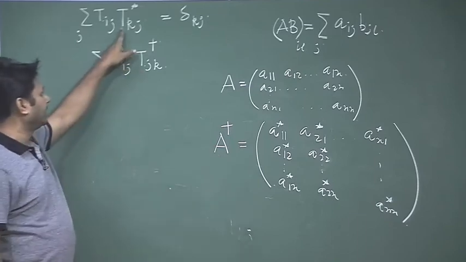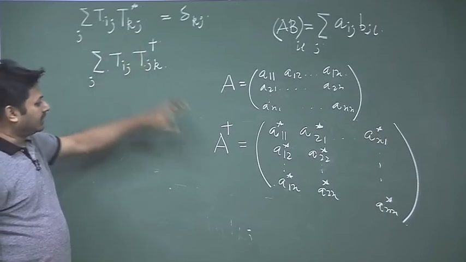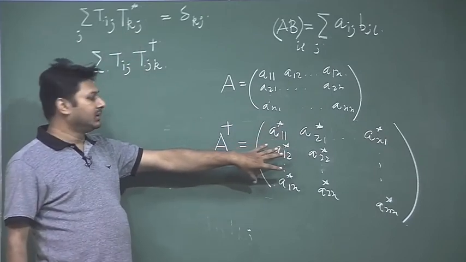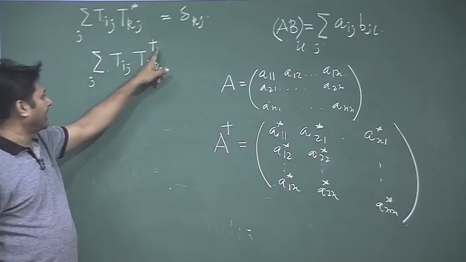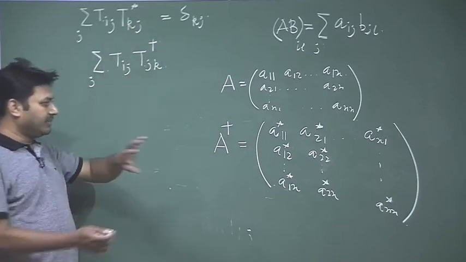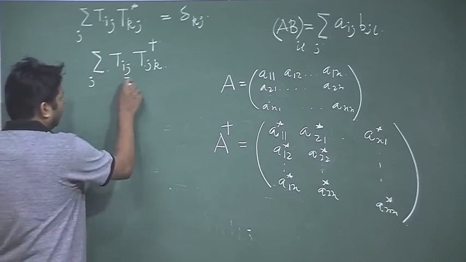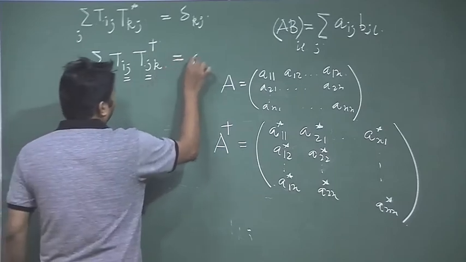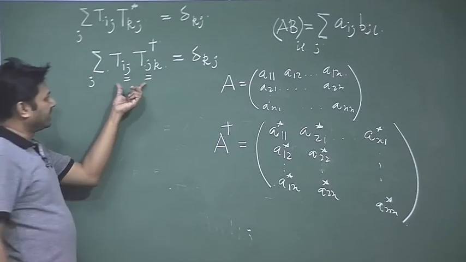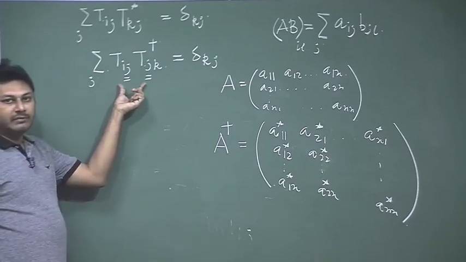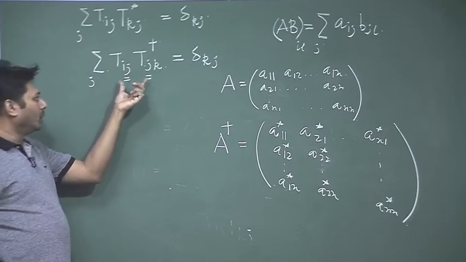So here I am doing the same thing. When I rotate these things, eventually I am making the transpose of that, and then I remove this star. When I remove this star, I need to put a dagger. So this operation is nothing but changing the matrix in such a way that I can have my JJ sitting here. So this is KJ. Now this entire expression has the form of matrix multiplication, T and T dagger being the two matrices which are multiplied.